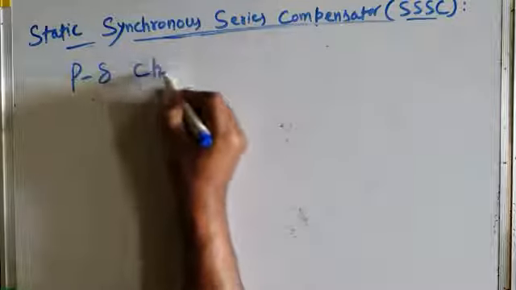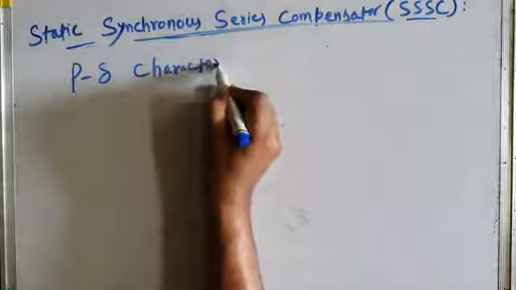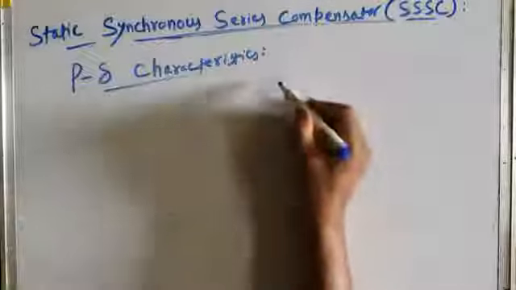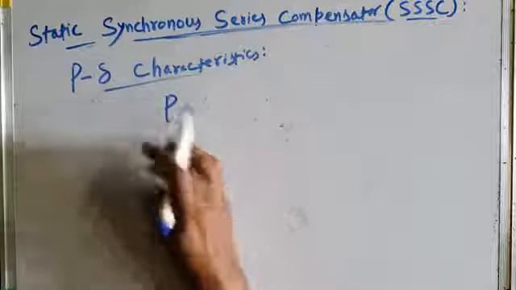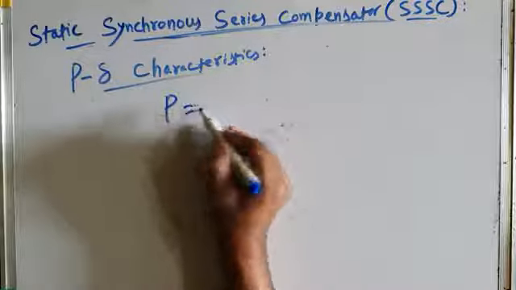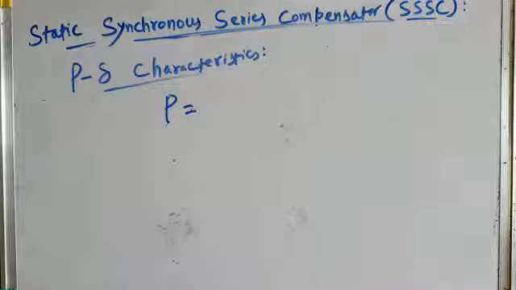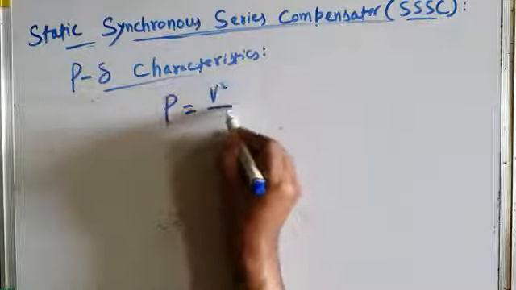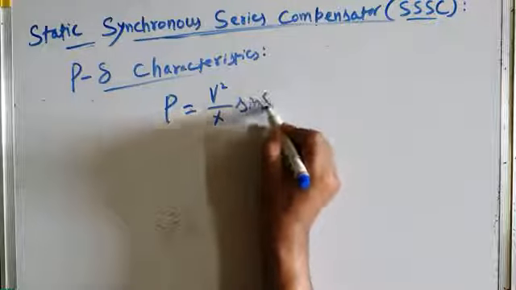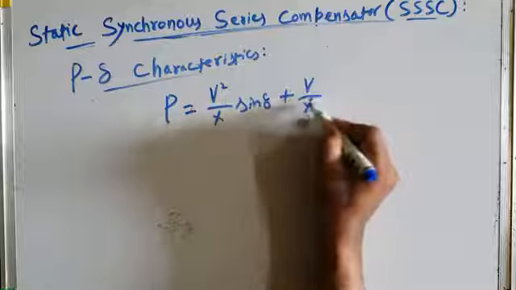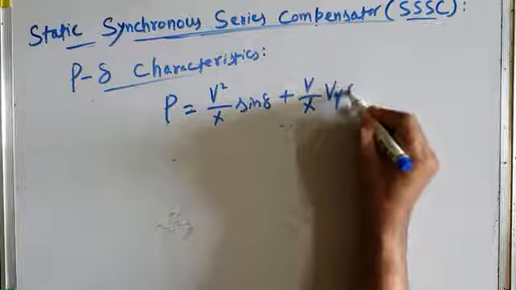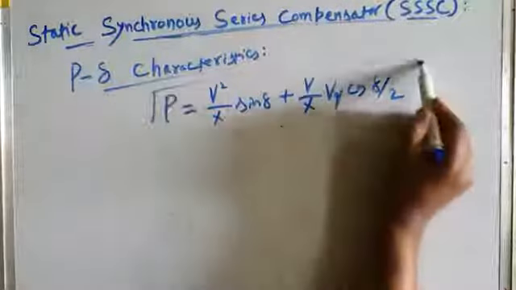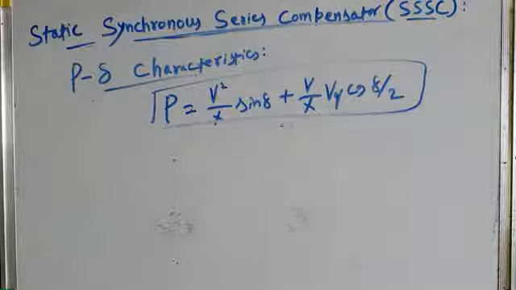P delta characteristics. The equation, which I am not going to derive, you can find in the literature. The equation for power flowing over an SSSC compensated transmission line is given by P is equal to V square by X sin delta plus V by X into VQ cos delta by 2, where VQ is the voltage injected by this SSSC compensator.